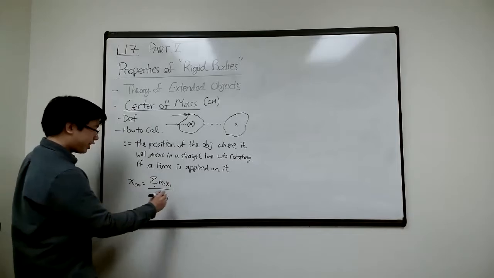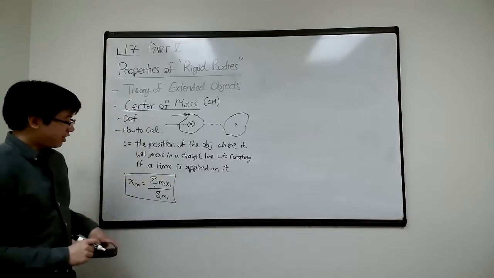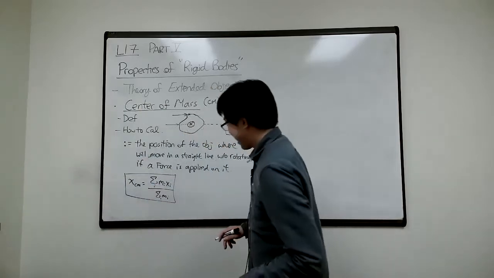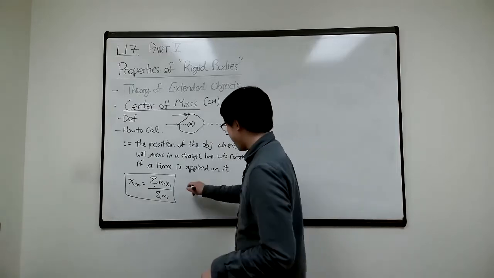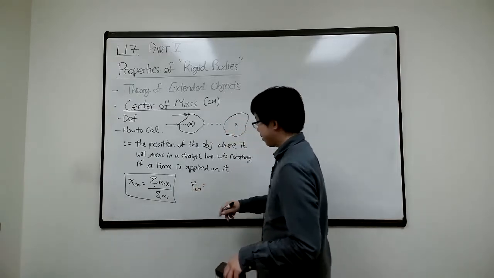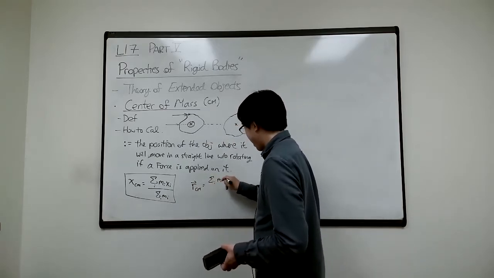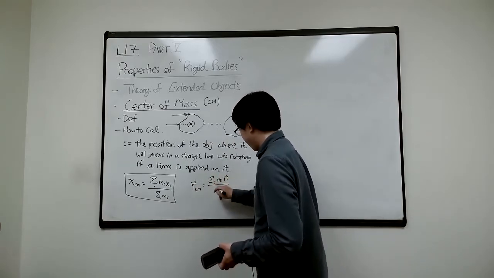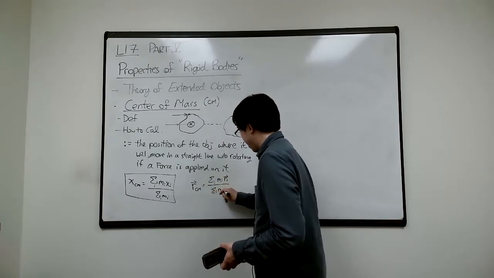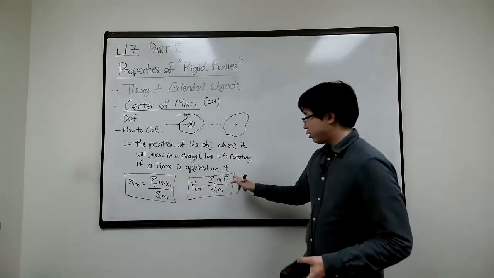If it's in 2 or 3 dimensions, it's the sum of m_i r_i over the sum of m_i. Basically just change the x into a vector.